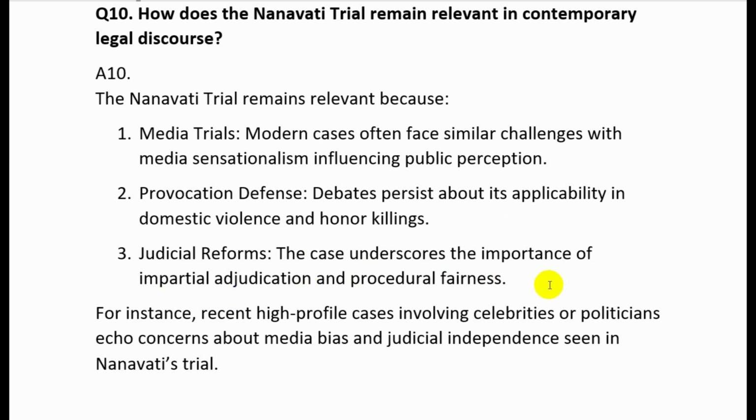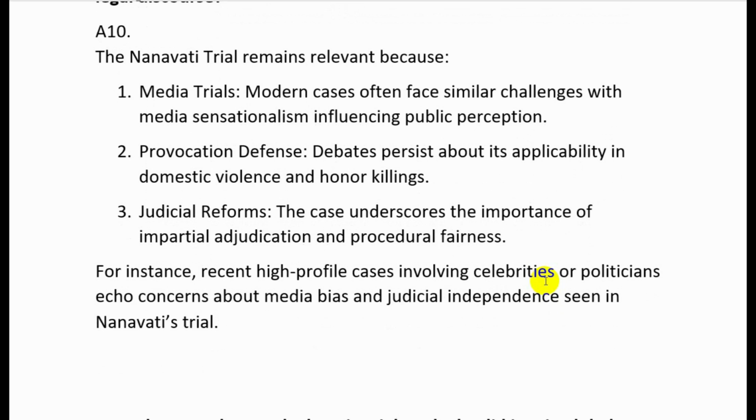So, three things: media trials, provocation defense, and judicial reforms. This is why it is still relevant in modern legal discourse. For instance, recent high profile cases involving celebrities or politicians echo concerns about media bias and judicial independence seen in Nanavati's trial.